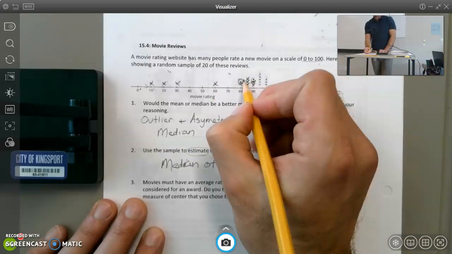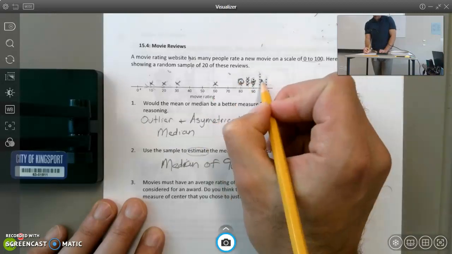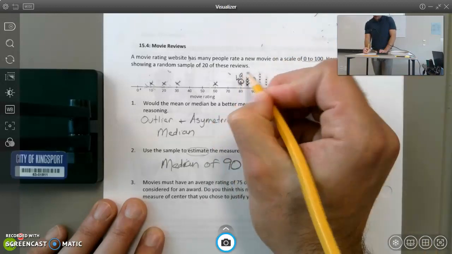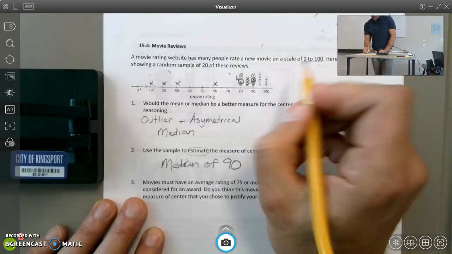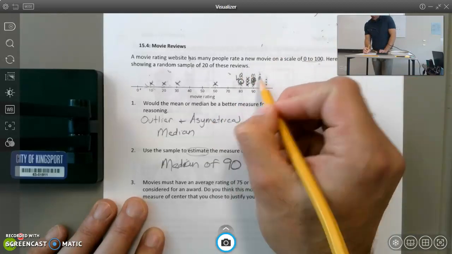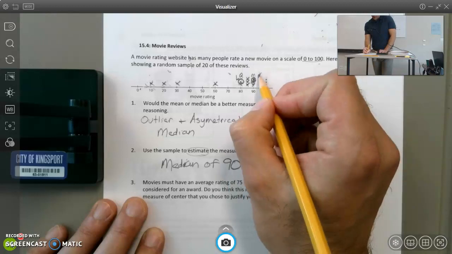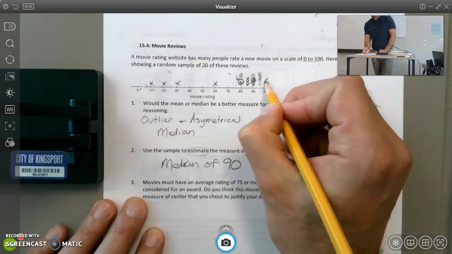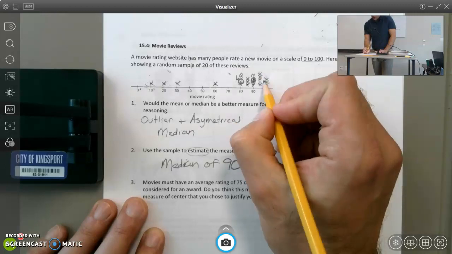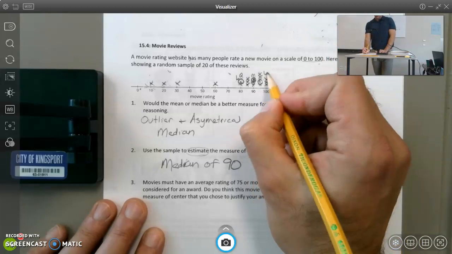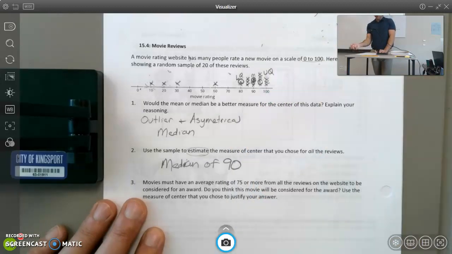So that's my lower quartile. This is my median. Lower quartile, median. Now I need to use this point, cross it out. 1, 2, 3, 4. 1, 2, 3, 4. And I should have a point right here, and that is my upper quartile.